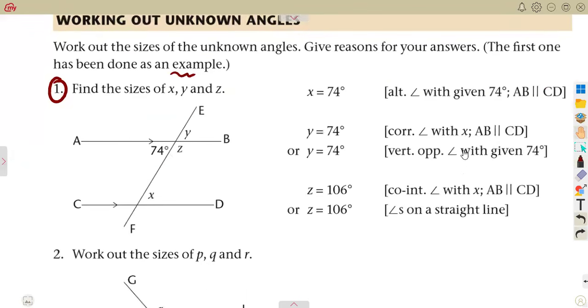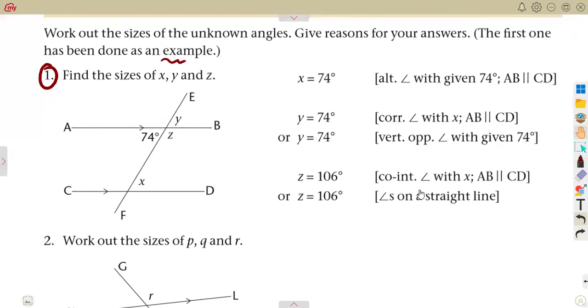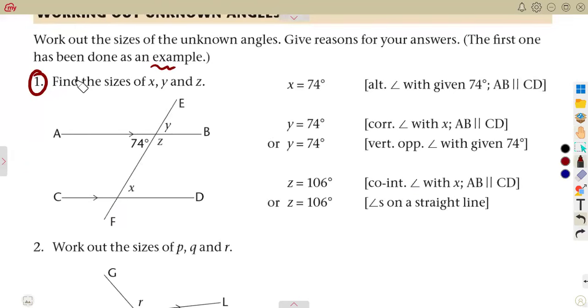All right, so in this case, find the sizes of X, Y, and Z, and we're given two lines which are parallel, line AB parallel to line CD. So we can find angle X. Remember, from the parallel lines, when we create a Z like this, this angle and this angle are alternate angles.